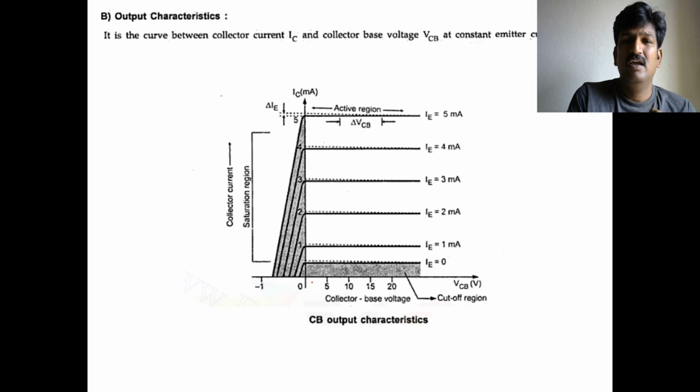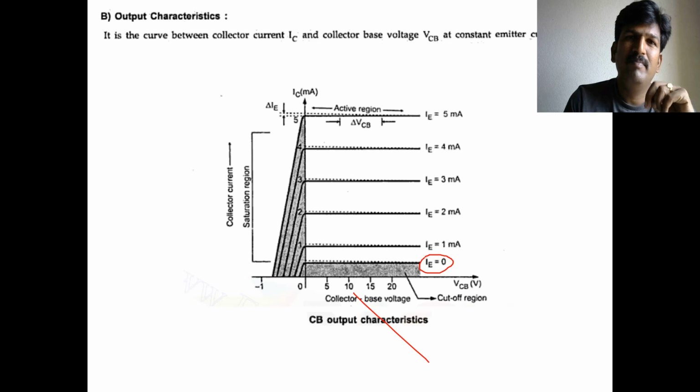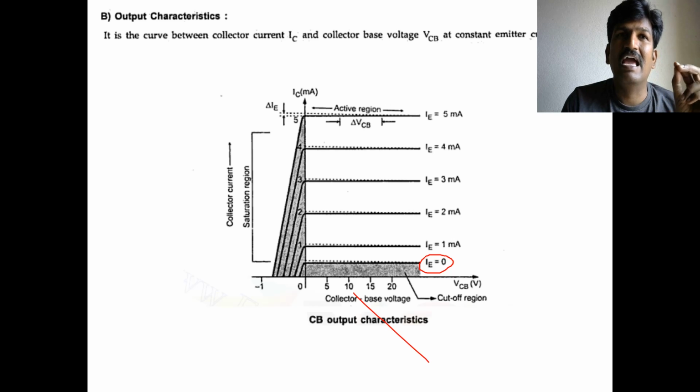Let me consider here IE, this one is the emitter current. When the emitter current does not exist, meaning you have not given any external power supply between the emitter to base junction, then only this condition is possible.